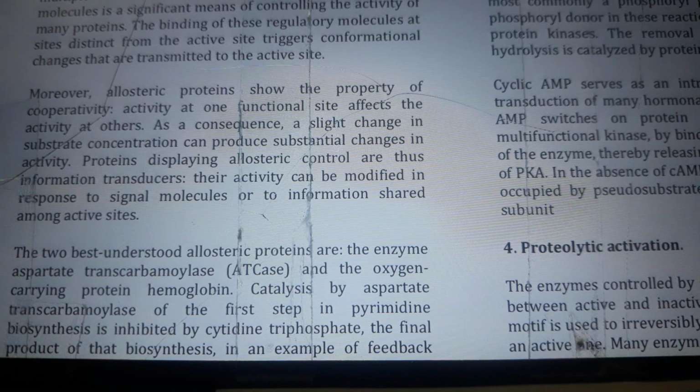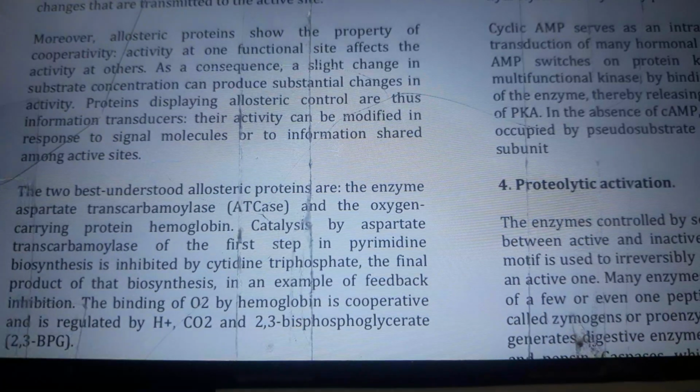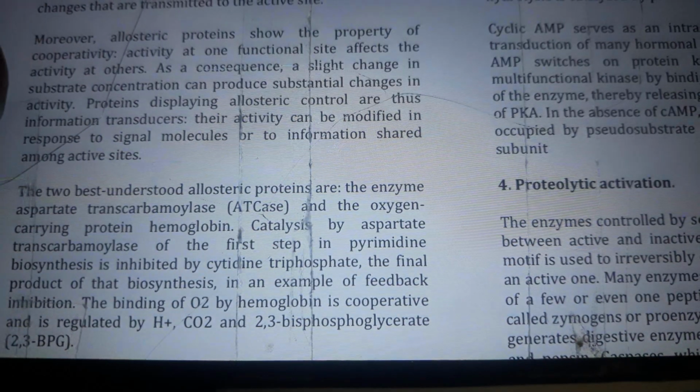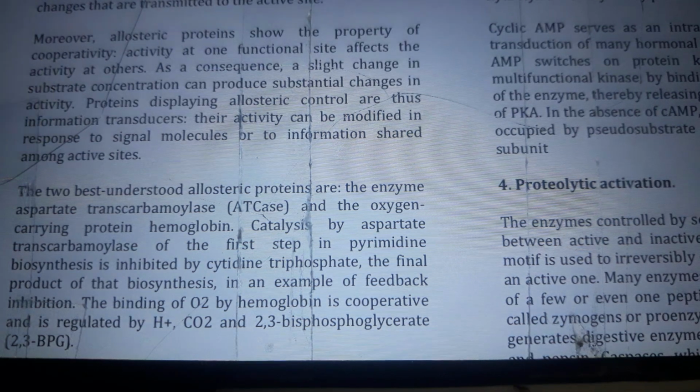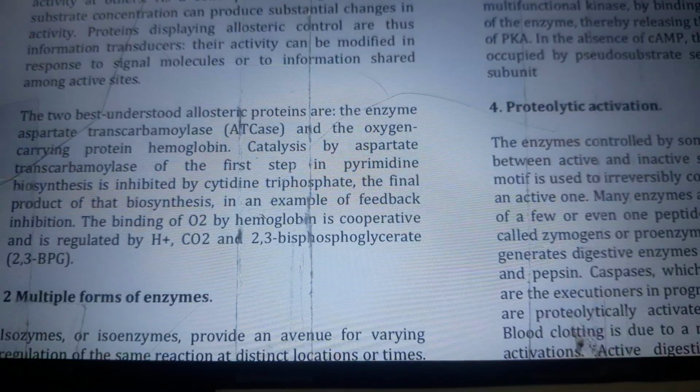Regulation by small signal molecules is a significant means of controlling the activity of many proteins. The binding of these regulatory molecules at sites distinct from the active site triggers conformational changes that are transmitted to the active site. Many allosteric proteins show the property of cooperativity, where activity at one functional site affects the activity at others.